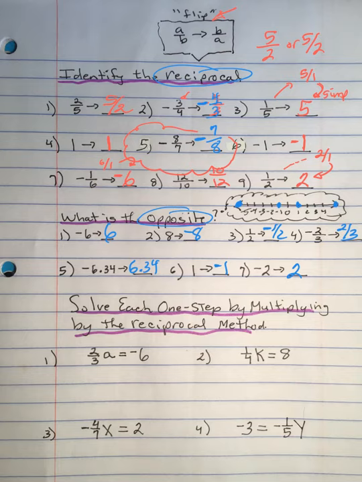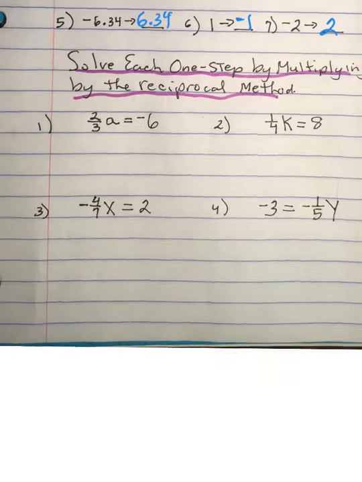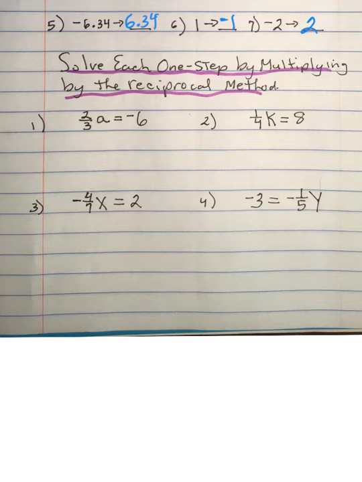So now let's look at solving equations by using the reciprocal method. So remember, we could actually solve this equation by dividing both sides by 2/3, right? We could solve this by dividing by 1/4. We could solve this by dividing by -4/7.